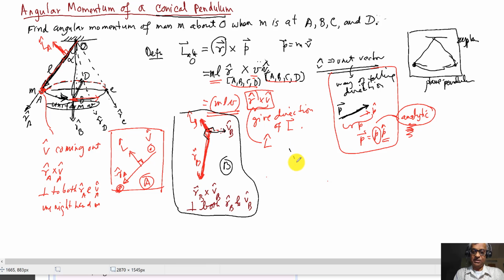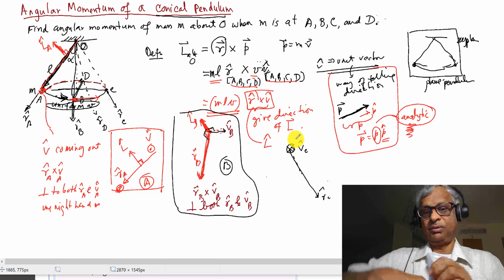The answer for C is kind of interesting. This is the R hat of C, but then V at C is going away from us. So we can write down V of C is like that, V hat of C. This is in the plane and this is out of plane, 90 degrees.